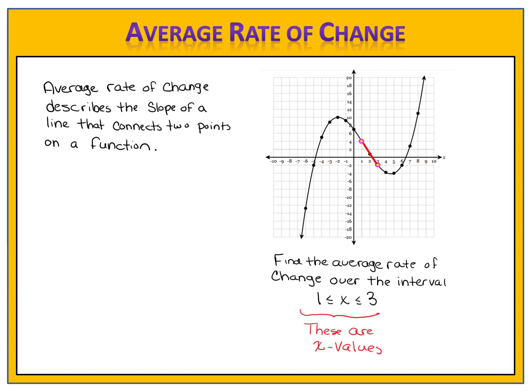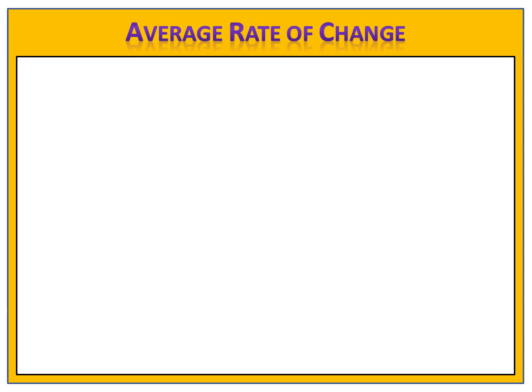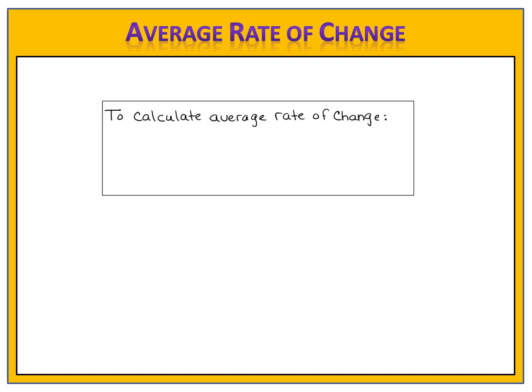So how do you calculate average rate of change? Well, it's actually a fairly simple process. To calculate average rate of change, you simply do the following. The first thing you do is find the 2 points that you need. We call those points x1, y1 and x2, y2. In other words, we have the first input and output, x1 and y1, and the second input and output, x2 and y2.